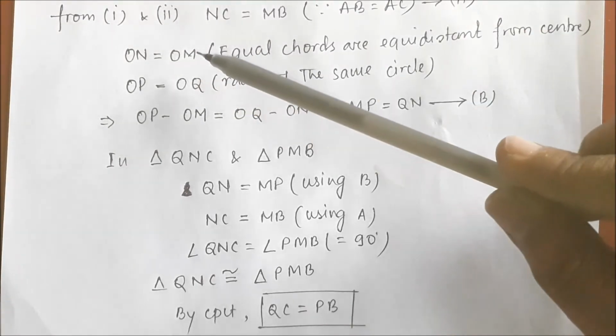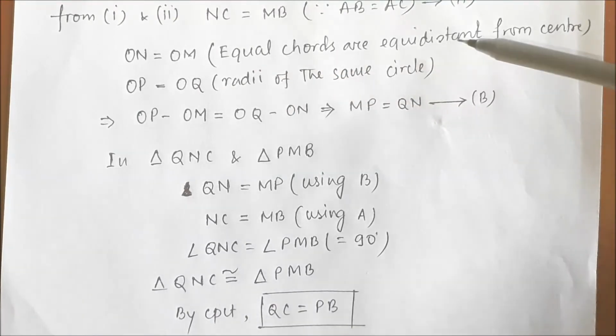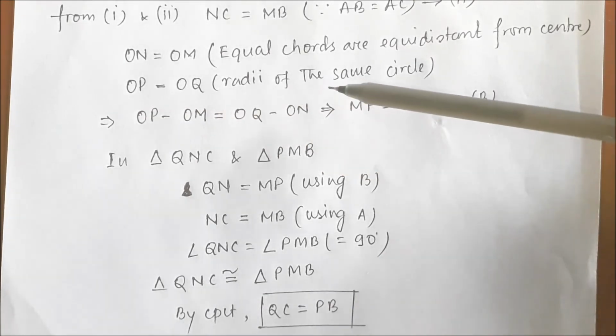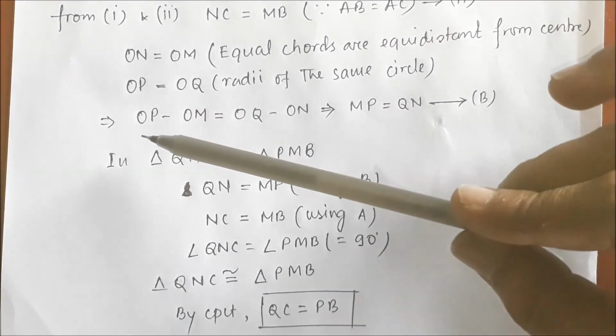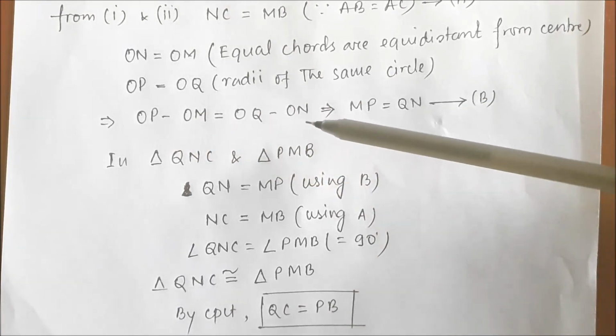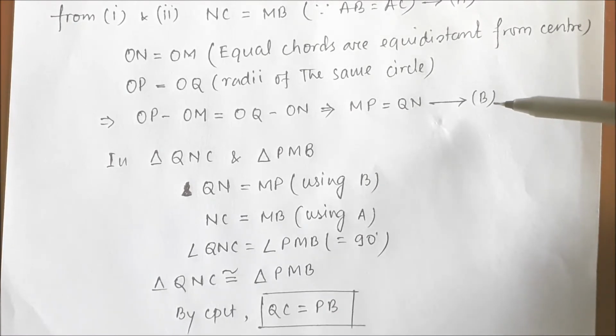Now, OM equals ON because equal chords are equidistant from the center. I explain this using the diagram, and OP and OQ are two radii. So, if you subtract OP minus OM and OQ minus ON, we will get MP equals QN. This is equation 2.